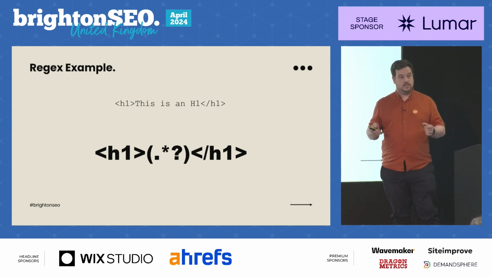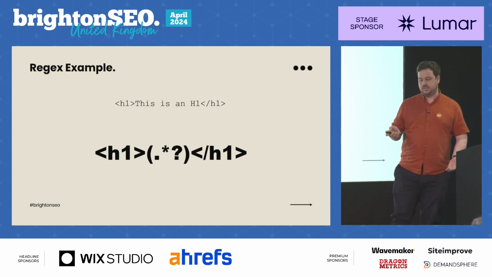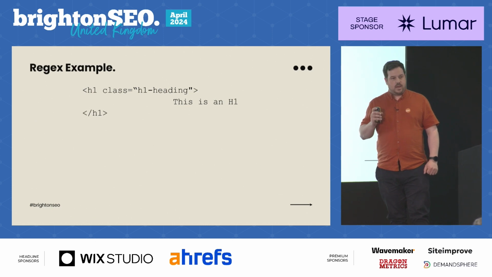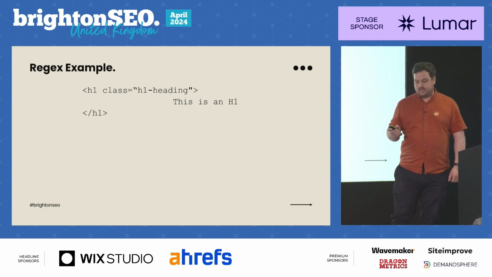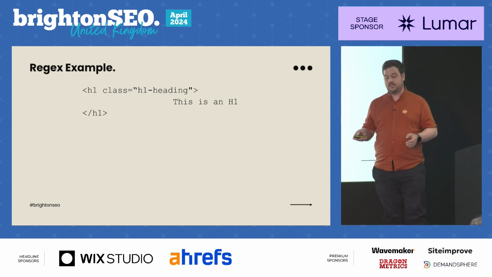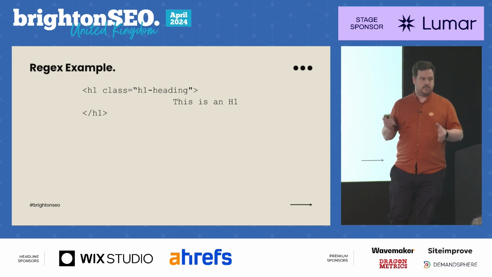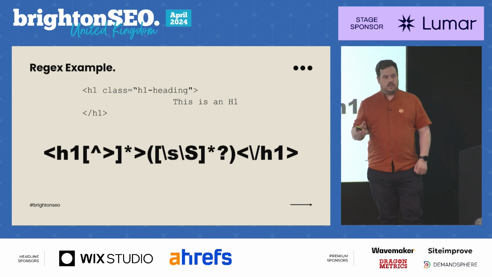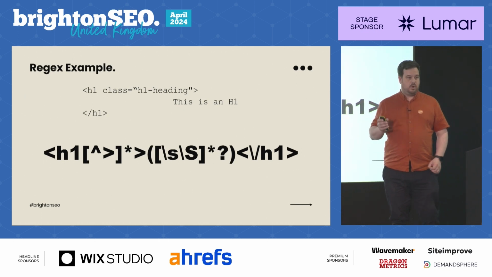Literally, all you're doing is taking the content that you want to extract and replacing it with .*? Easy as that. However, if your HTML gets any more complex, so if you add things like classes or other attributes to your tag, line breaks, or white space around it, the regex gets a bit more complex.